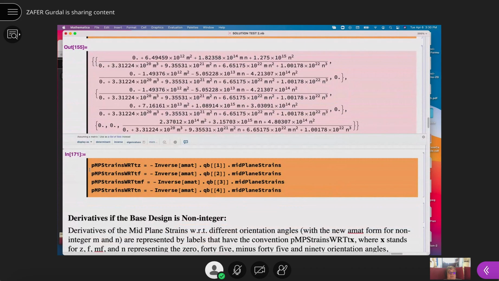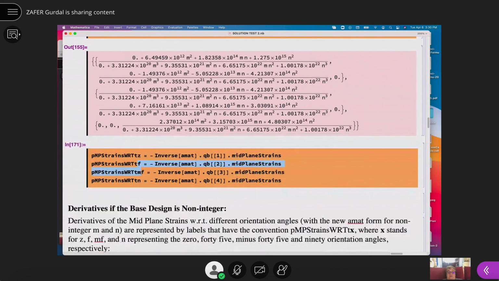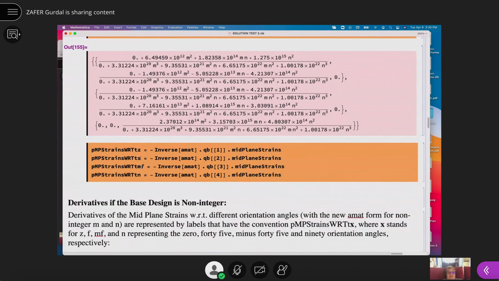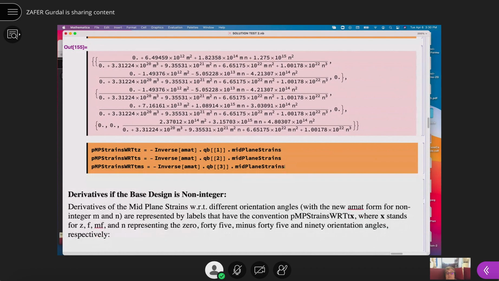So now apply midplane strains with respect to TZ. Limit midplane strains with respect to T60 and minus 60. All right.